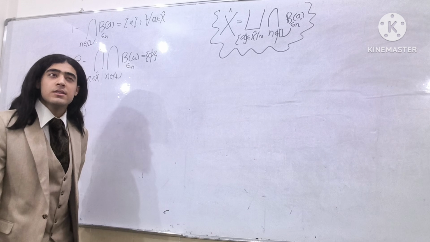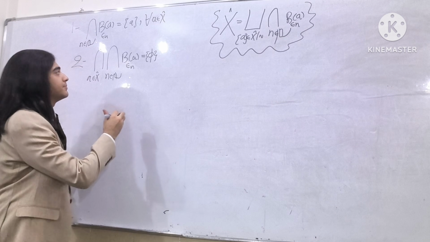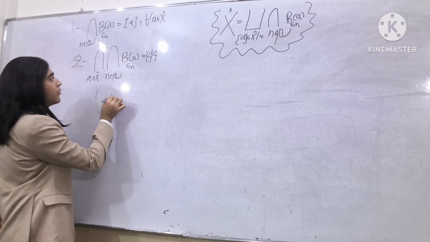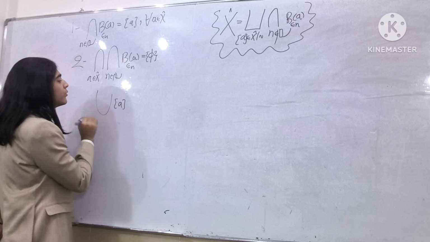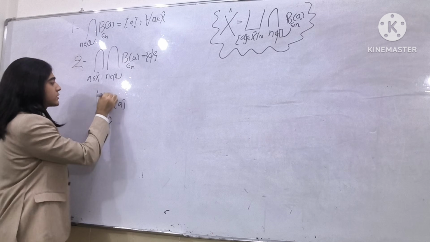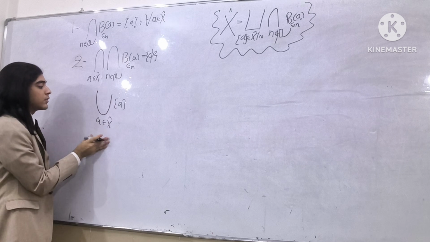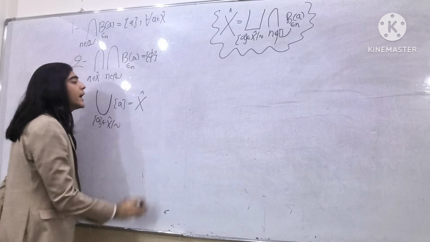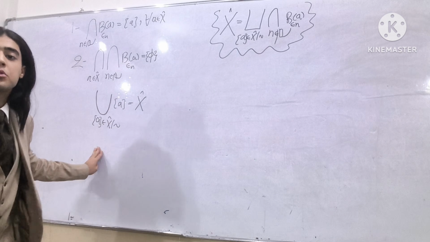That means the union of all equivalence classes over X is already equal to X. That is a trivial result.